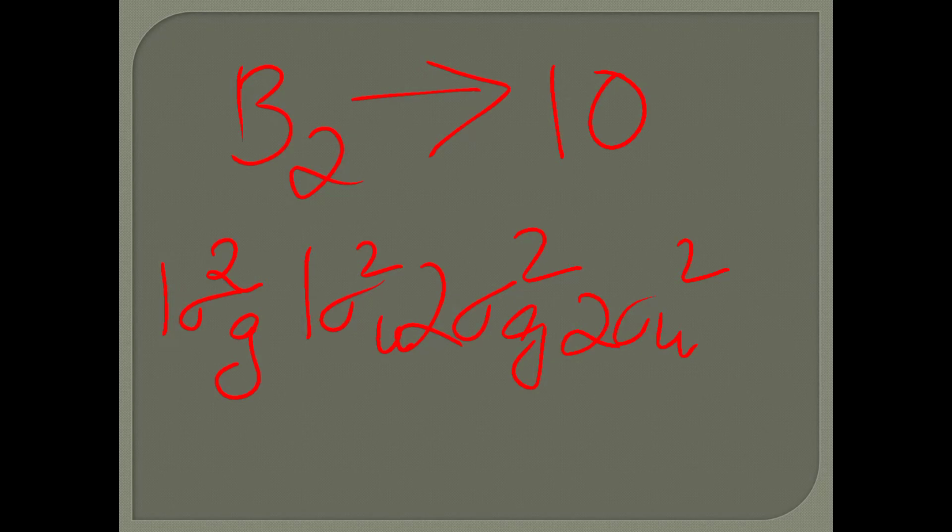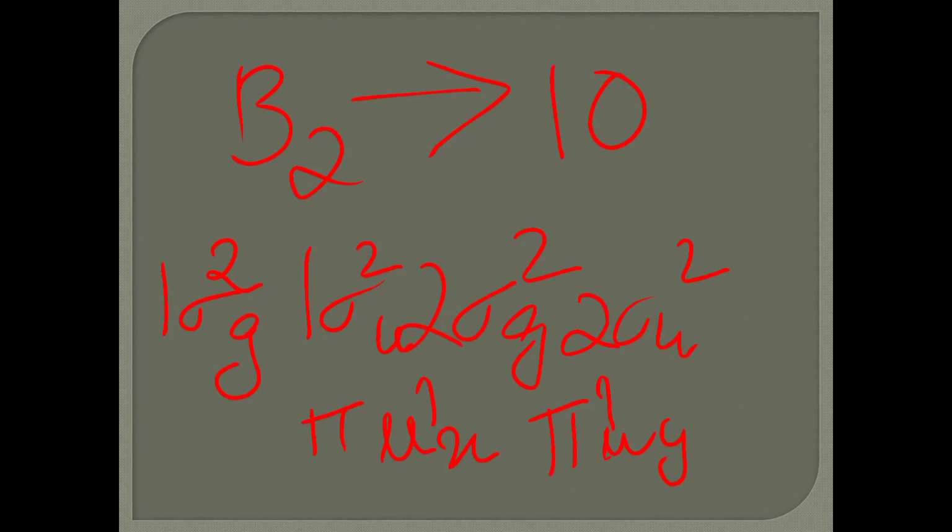Thereafter, since it is less than 14, pi u x comes first and pi u y comes next. After that, 3 sigma g will come. Since it is 10, we have already filled 8 electrons, so the other 2 will fill up singly, as you know from the atomic orbital diagrams that you have learned. Based on this, you can notice that there are unpaired electrons here, which proves that it is paramagnetic.